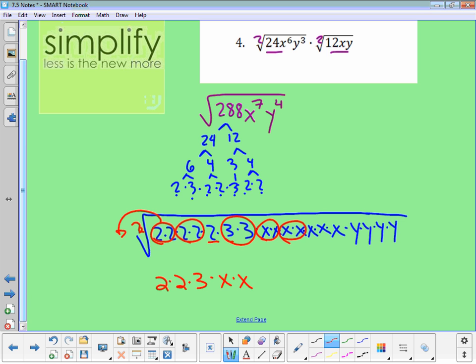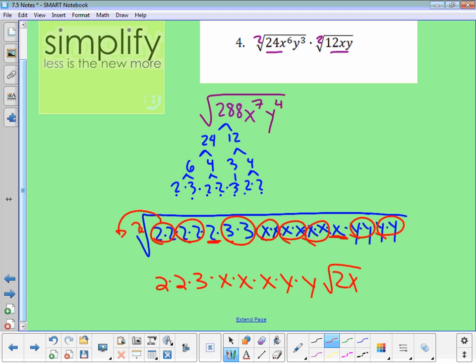Another group of x's, another group of 2 x's. That x alone has to stay. Here's a group of y's. Here's a group of y's. Okay, now that's all the stuff that came outside of the radical. Let's take a look and find what's left over underneath. I have a 2 and an x, so I'm going to leave that underneath the radical.